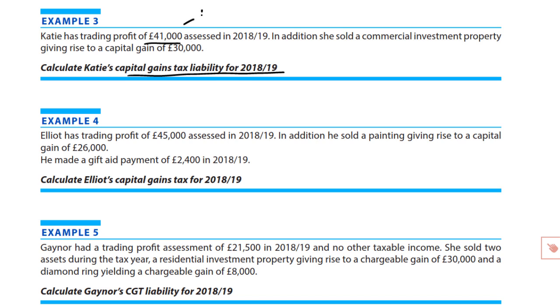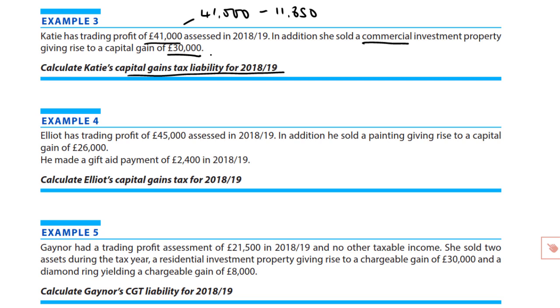So that £41,000 will have to have the personal allowance of 11,850 deducted from it to bring us to our taxable income. In addition, she sold a commercial investment property, giving rise to a gain of £30,000.